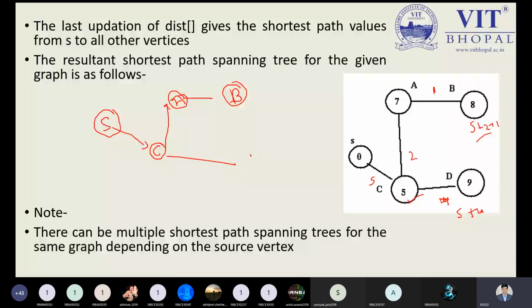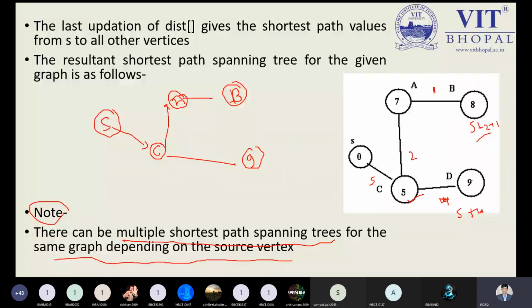Now keep in mind, while solving this problem, your answer will be in the form of a spanning tree, and it is required to visit all the nodes or vertices. But note the important point: there can be multiple shortest path trees for the same graph, depending on the source vertex.